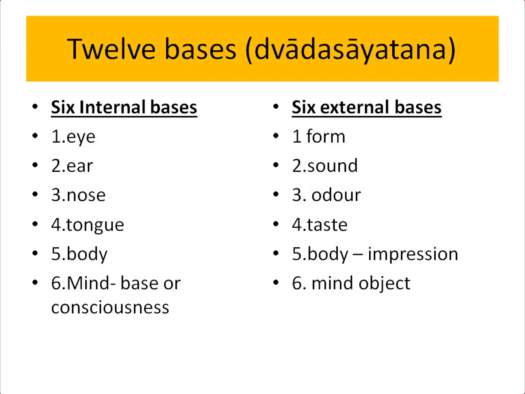There are corresponding objects, called bāhirāyatana, the 6 external bases. We know visible objects, form, auditory objects, sound, odor, taste, body impression or contact, mind objects or thoughts. So these are called external objects, bases.